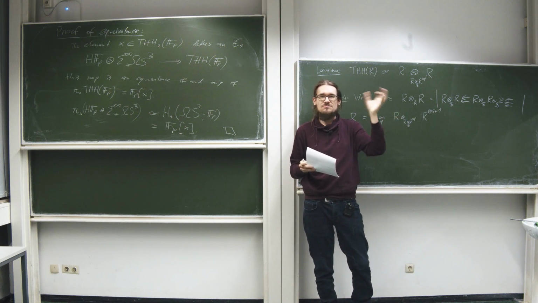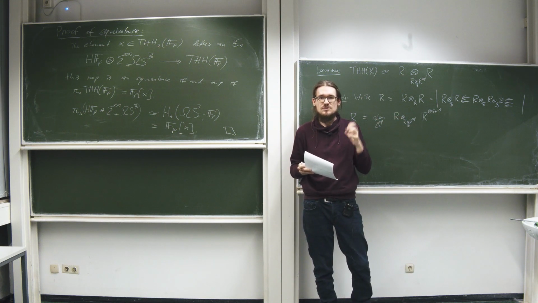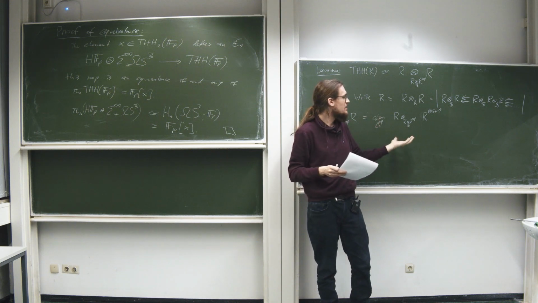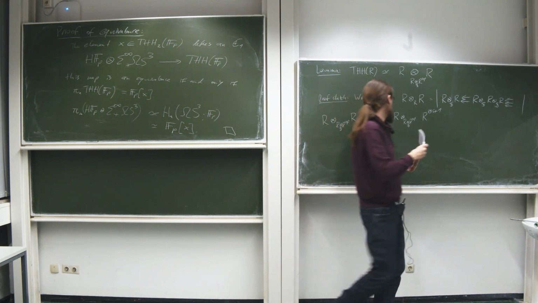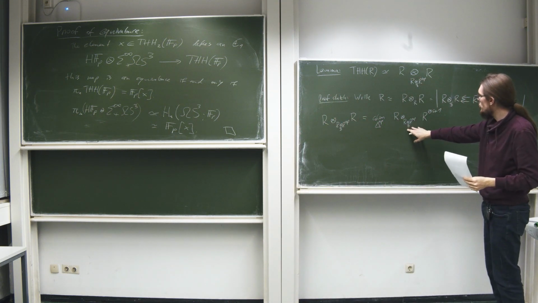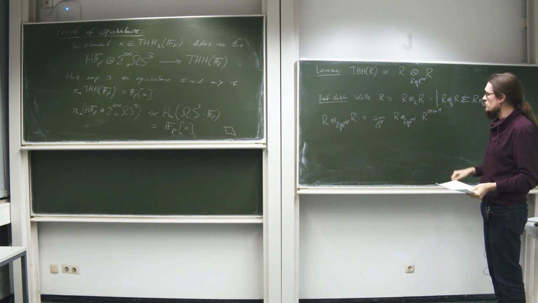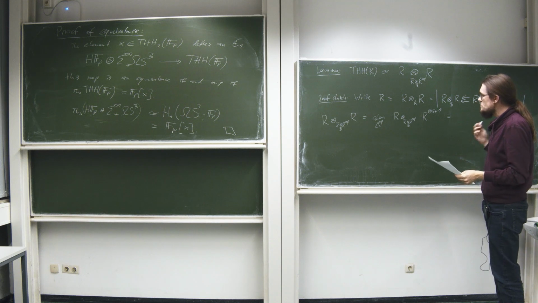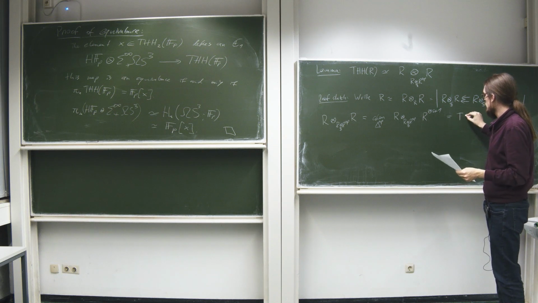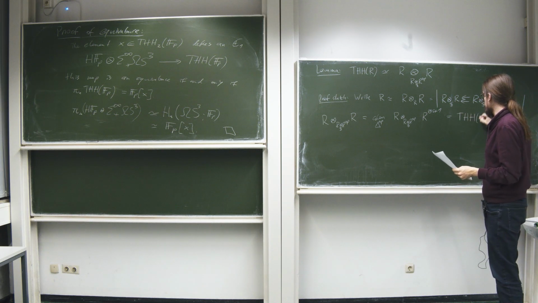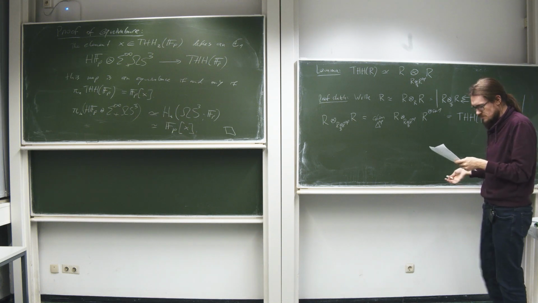And then if you think about what the simplicial structure of this is, you see it's exactly the cyclic bar complex, right? So this construction turns this two-sided bar construction into just the cyclic bar complex. And in particular, this is simply THH, right?